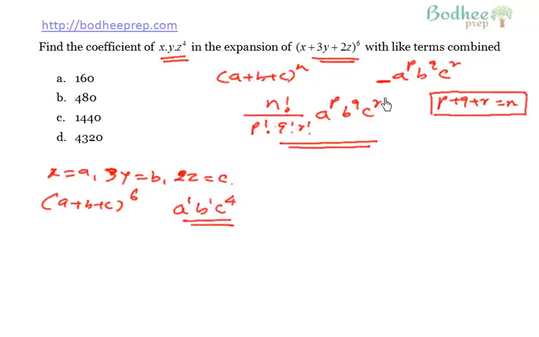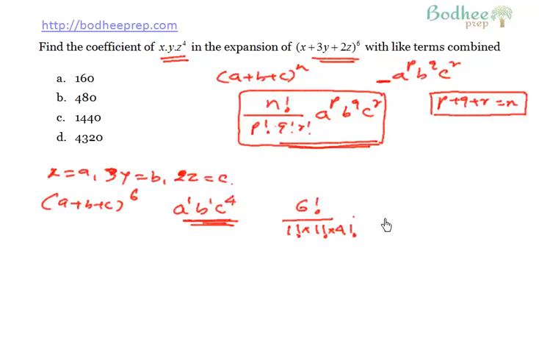So as per this particular relation, the coefficient for this would be 6 factorial divided by p factorial, where p here is 1, so it will be 1 factorial. Similarly, q is also 1 and r is 4, and the overall term will be written as 6 factorial upon these things into a into b into c to the power 4. Let me substitute the values of a, b, c.